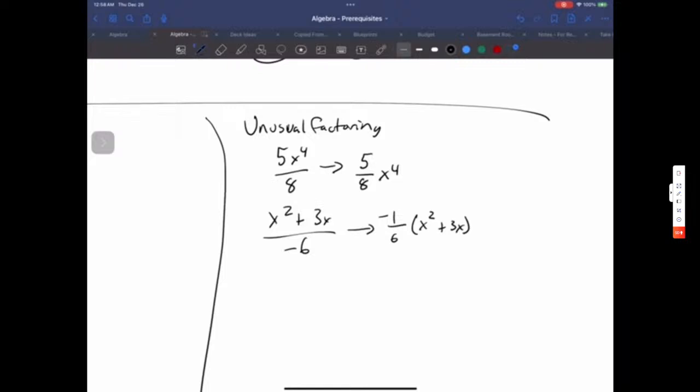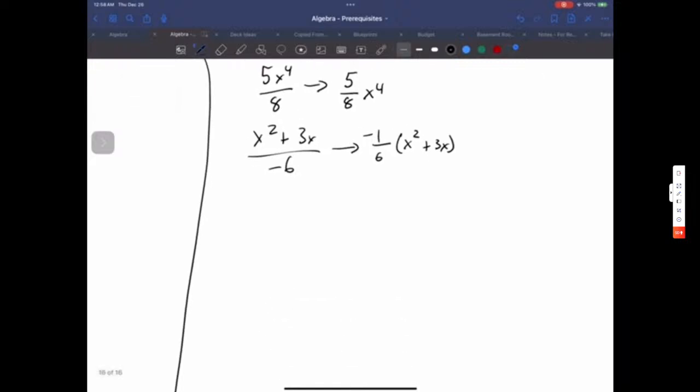One thing that you will see a lot, especially as you get into geometry and algebraic geometry, is something like this. So you've come up with an answer that says 2x squared minus x minus 3.